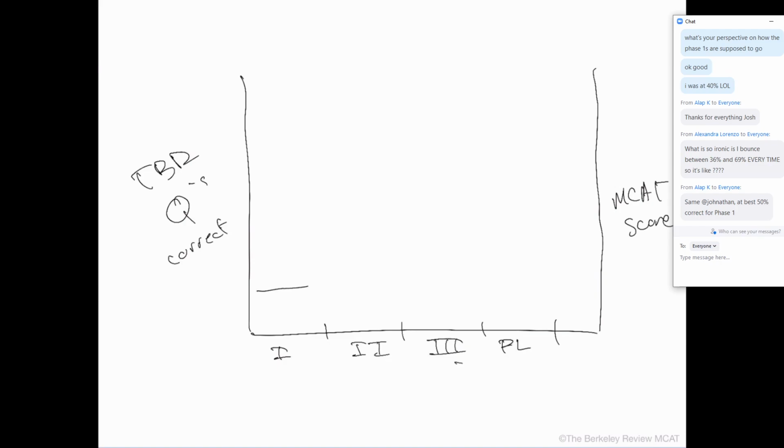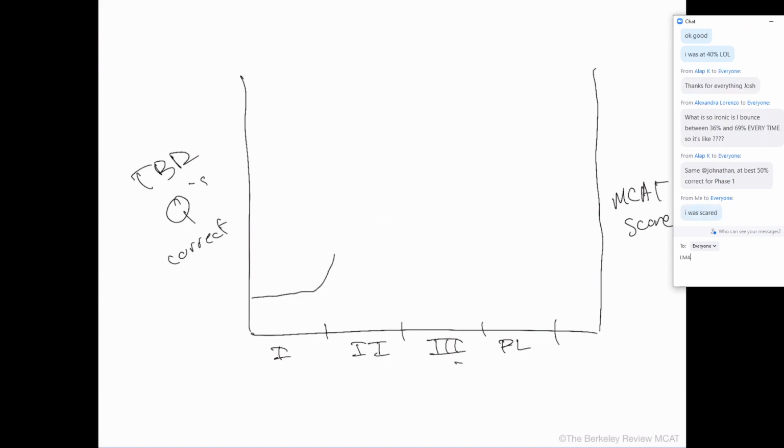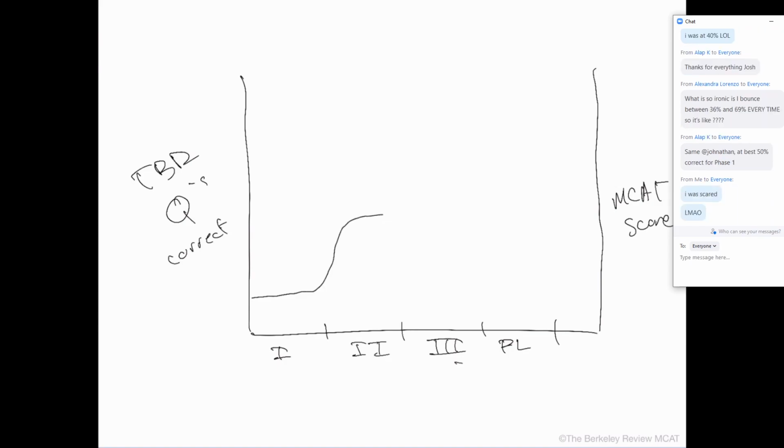You're going to see a huge increase in the second one, and then kind of plateau. Phase one is going to feel very hard, and then you're going to get a big increase in phase two, then plateau in phase three, and then with full lengths you're going to get another huge increase, and your MCAT score is going to be around here.